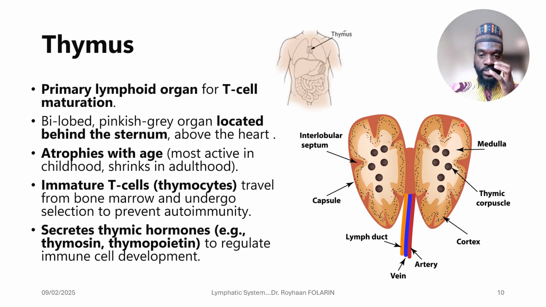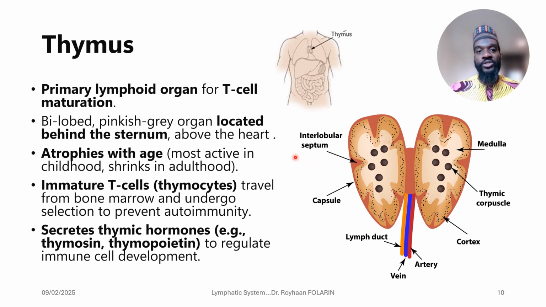You can appreciate in its anatomy that it is encapsulated by a capsule, right? Deep to that, you find the cortex, which is separated by the interlobar septum. Deep to the cortex, you have the medulla, within which you now have the thymic corpuscle. It's a bilobed pinkish gray organ that is located behind the sternum.